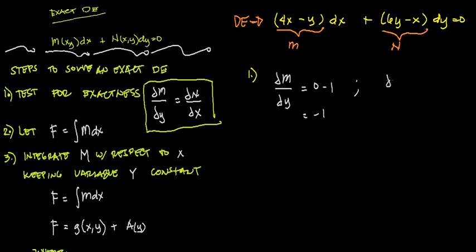While on this part, we take the partial derivative of N with respect to x. My technique here: if I see N multiplied by dy, then I take its derivative with respect to x, and if M is multiplied by dx, then I take its partial derivative with respect to y.